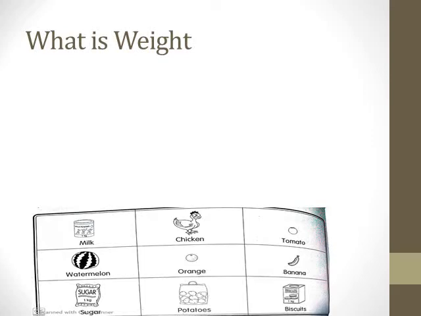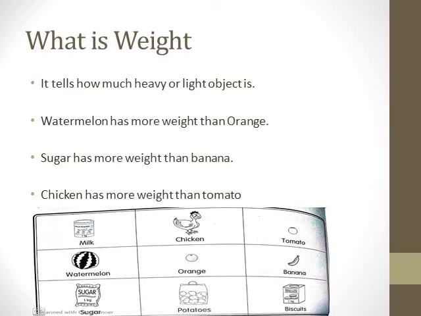What is weight? Weight tells you how heavy or how light an object is. Like in this picture, as we say that watermelon is heavier than orange, you can say in other words that watermelon has more weight than orange.